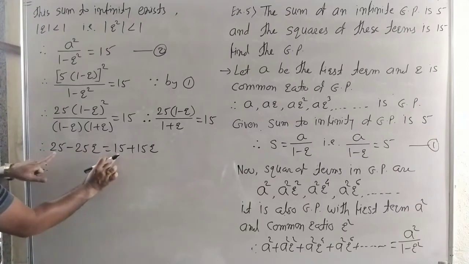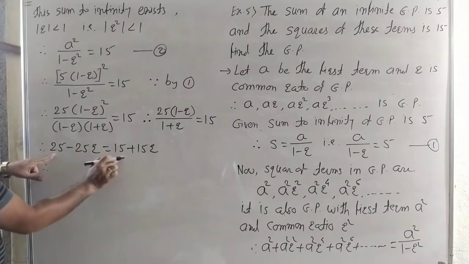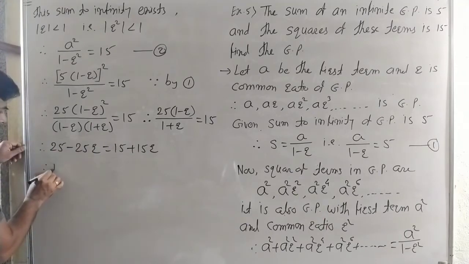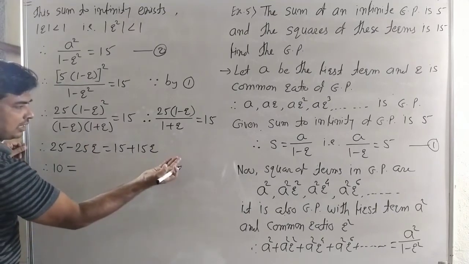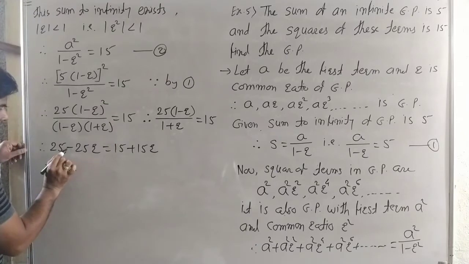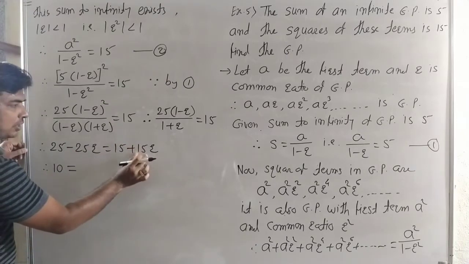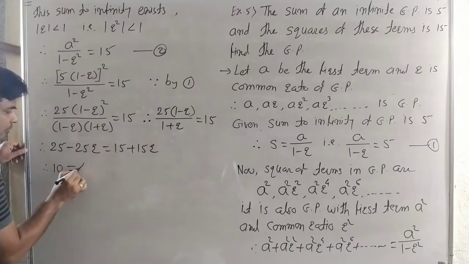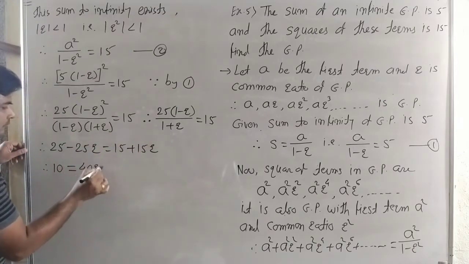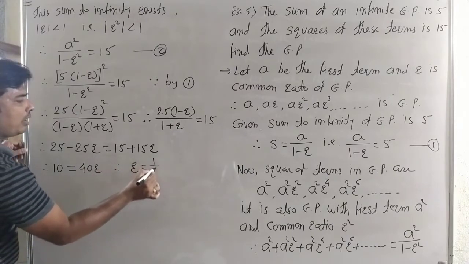Therefore, 25 minus 15, see carefully, 15 becomes LHS, 25 minus 15, it is 10, is equal to, this 25 becomes RHS, so minus 25r becomes plus, therefore plus 15r and minus becomes plus, that is plus 25r, it is 40r, and therefore r is equal to 1 by 4.